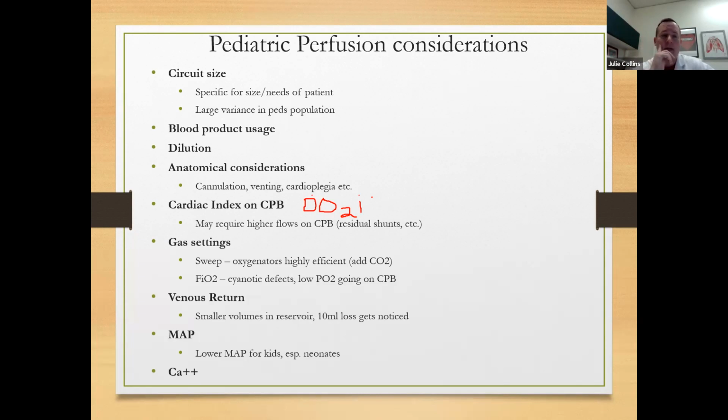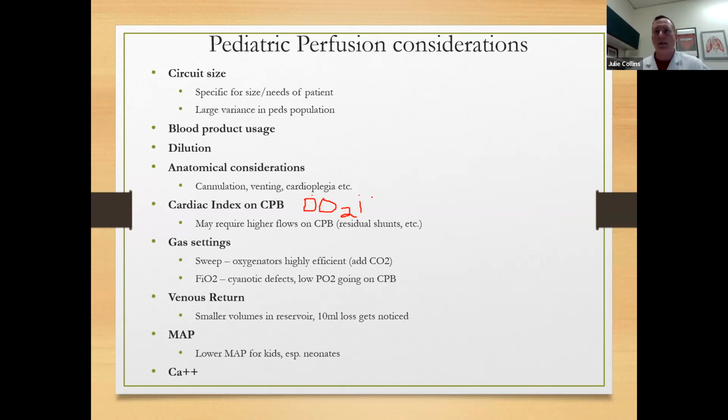And I mentioned this in the last section, but under normal physiology, what is our normal oxygen delivery to oxygen consumption ratio? I would say normally about 5:1. At what ratio do we stop aerobic metabolism and anaerobic metabolism kicks in and lactate? That's 2:1.